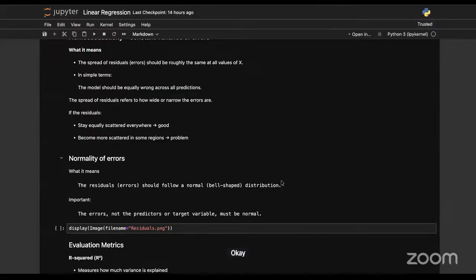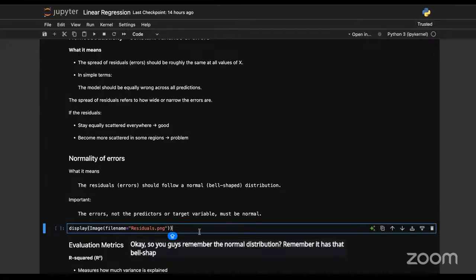Then with regards to our errors, we want normality. We want the errors to basically have that bell shape, the normal distribution. What graph would we use to see whether our errors are bell-shaped or normally distributed? Okay, you guys remember the normal distribution? Remember it has that bell-shaped curve, sort of like an upside down bell.